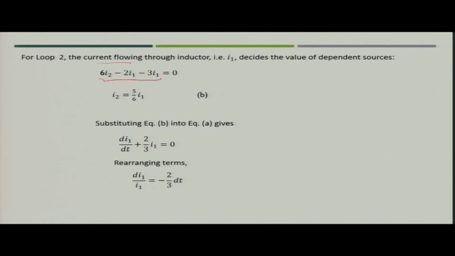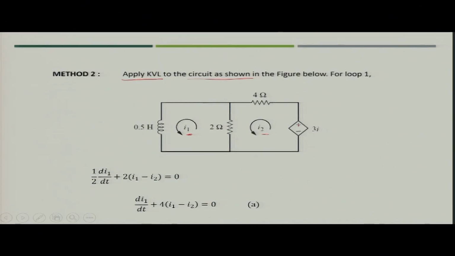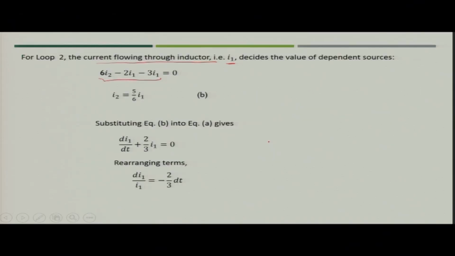Since the current flowing through the inductor is I1, the value of the dependent voltage source will be 3 I1. That is why we get the mesh equation for the second loop as 6 I2 minus 2 I1 minus 3 I1 is equal to 0.